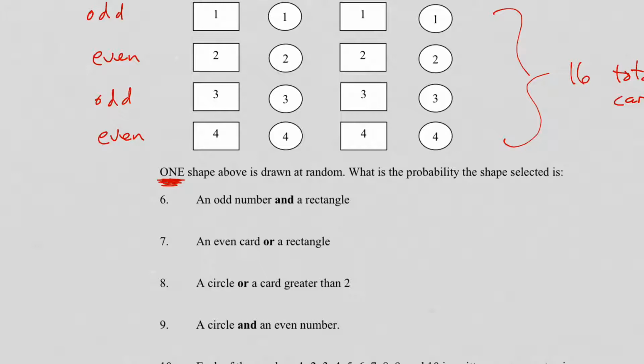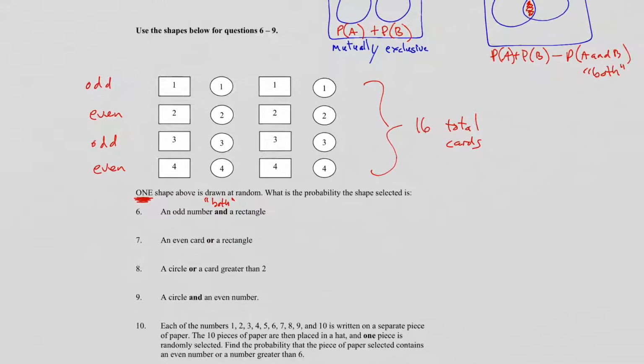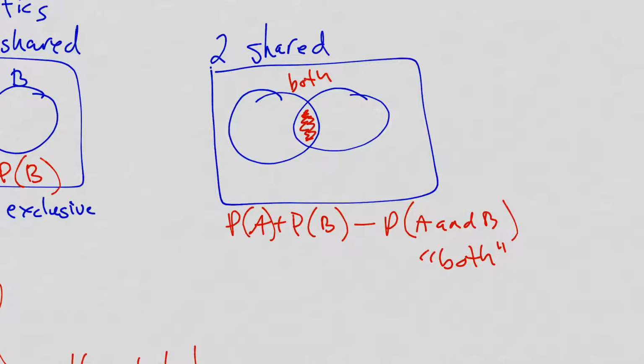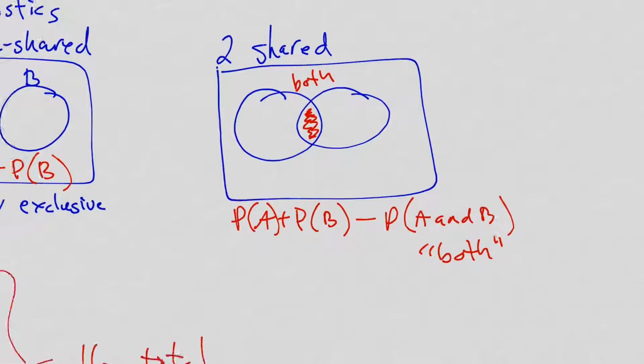If you remember back, I think it was in the worksheet. We're going to look for how many both. So really, we're just trying to find this intersection right there. It's not really adding or subtracting. We're just going to find that both part.